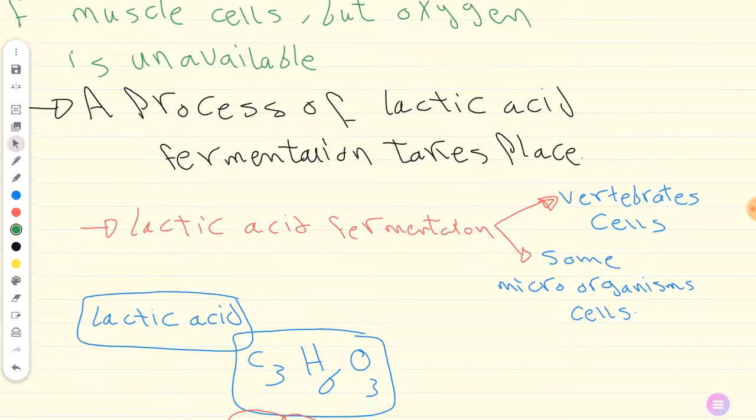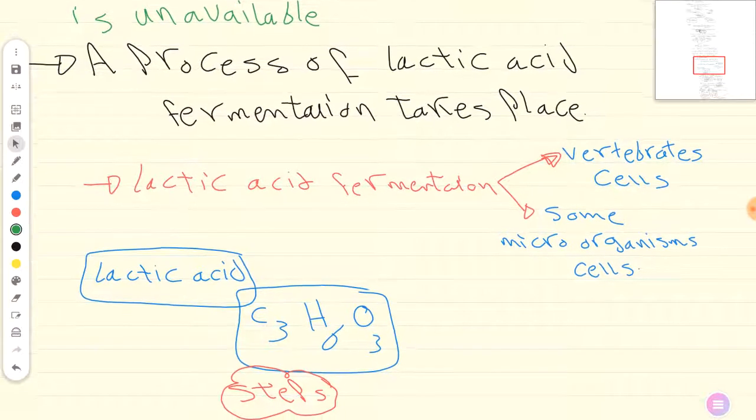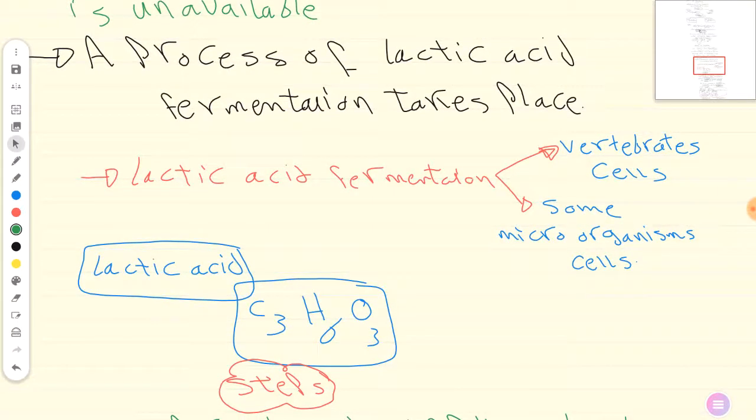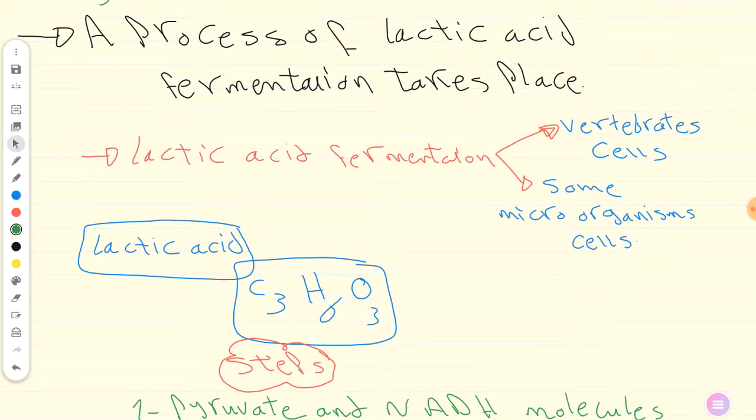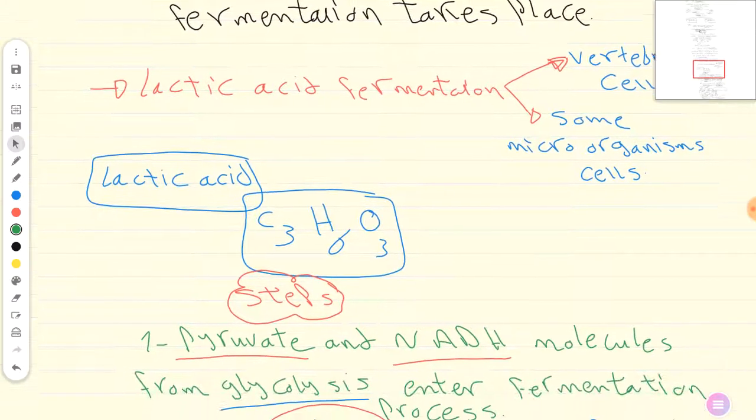Lactic acid fermentation takes place inside vertebrates' muscles and inside some microorganisms' cells. Muscles are cells, but in general, not just muscles, all cells of vertebrates and some microorganisms' cells.